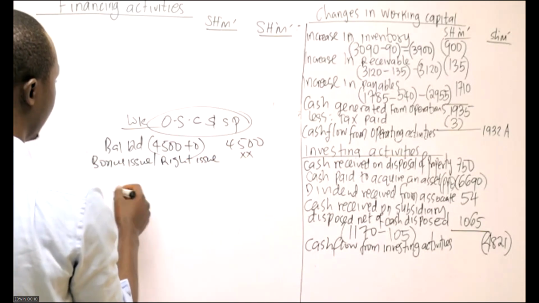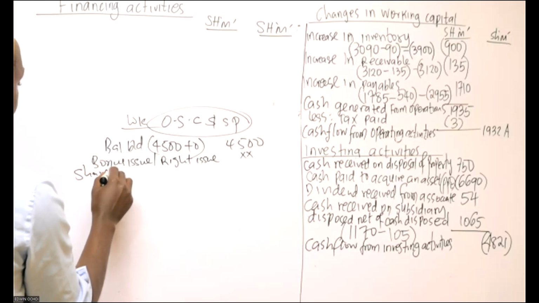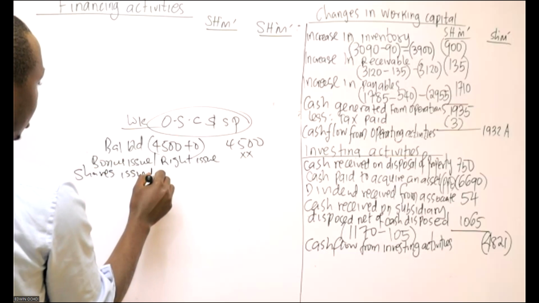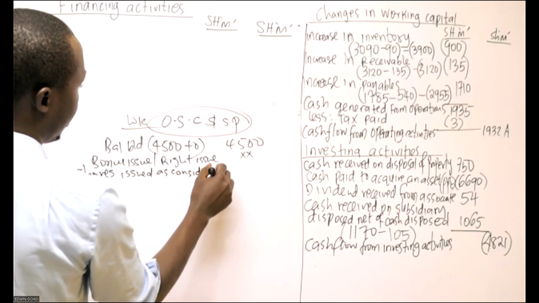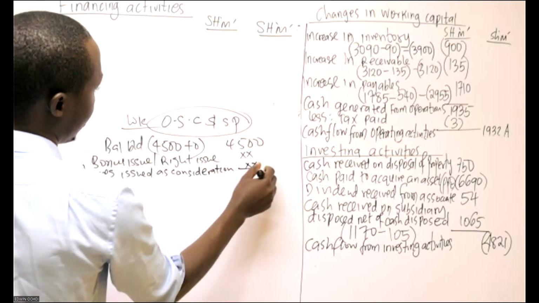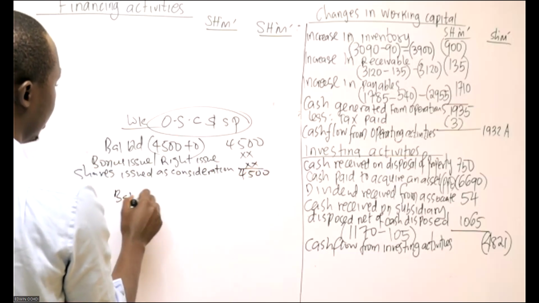But there's nothing. If there's even shares issued as consideration, you include them here. So this is 4,500.